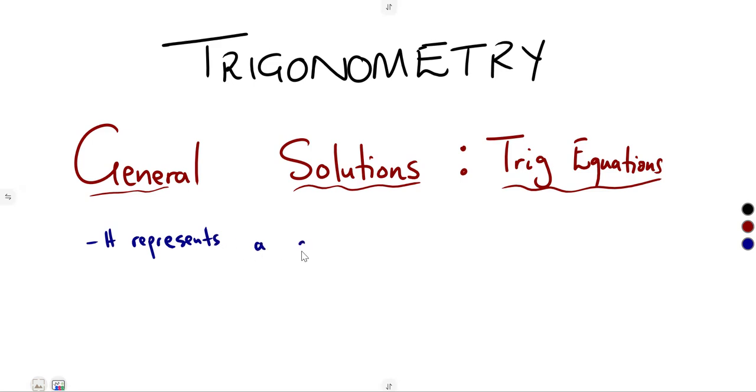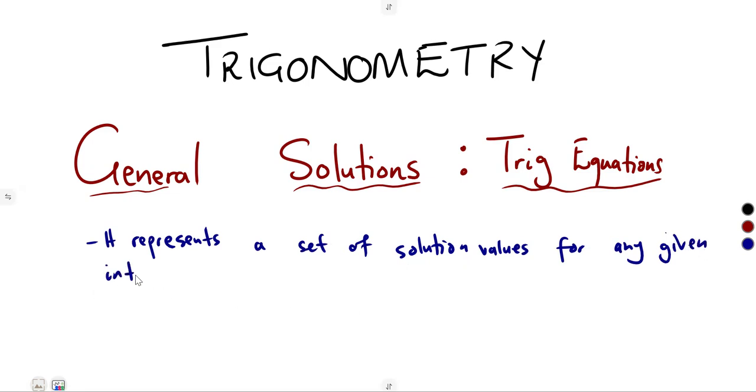So the general solution here represents a set of solution values for any given interval. For a given interval or a given period, we can have a set of solution values.